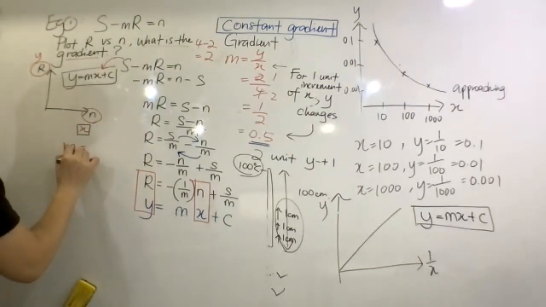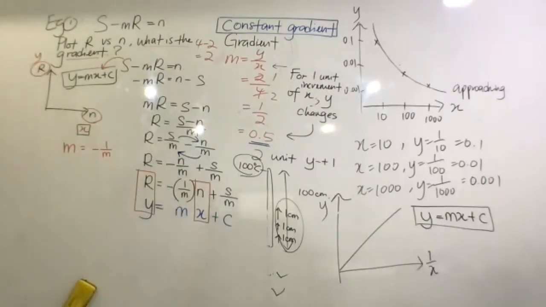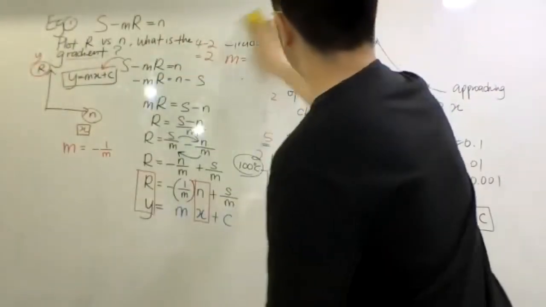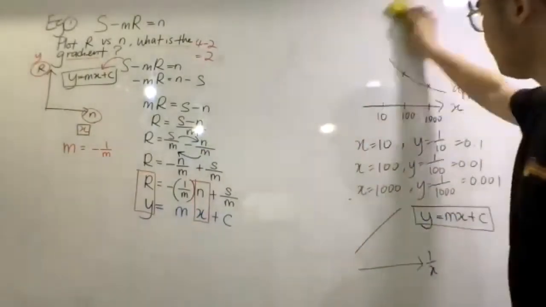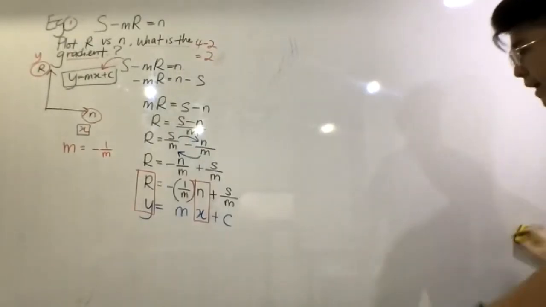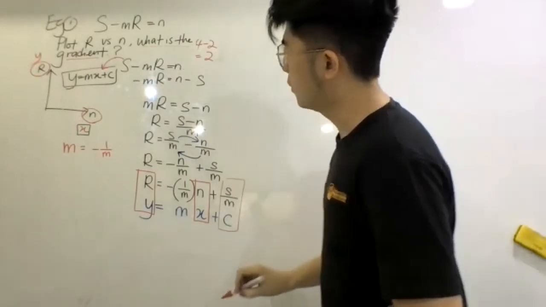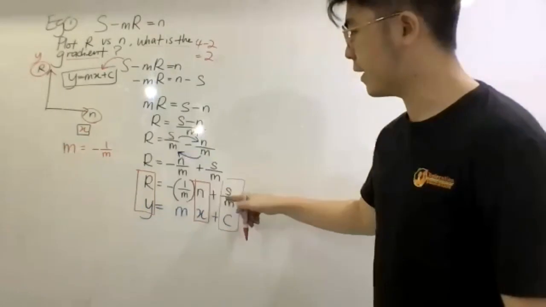The gradient is equal to minus 1 over m. 所以如果你要找 gradient 或者 even they ask the y-intercept, sometimes they ask this one. Okay, that's y-intercept is s over m.